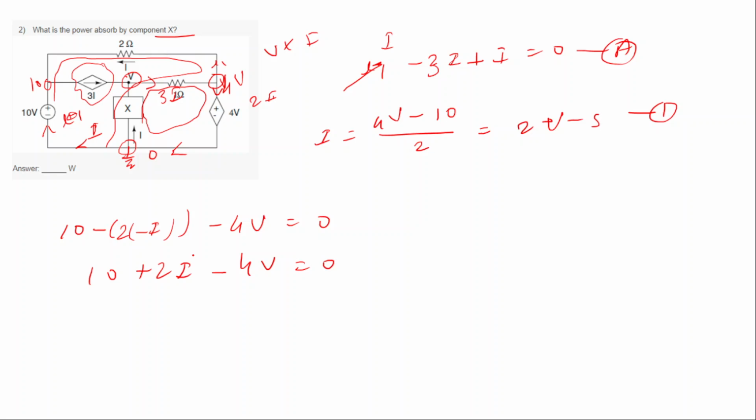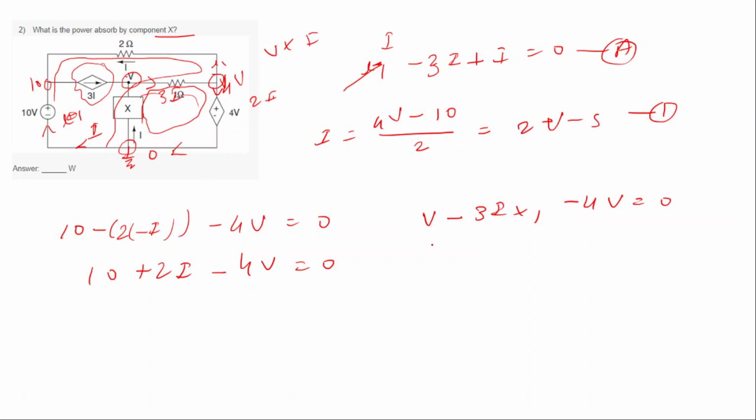Now let's apply this on this loop also. So from here to here, how much is the gain? 0 to V. So V minus 3I multiplied by 1 minus 4V equals 0.